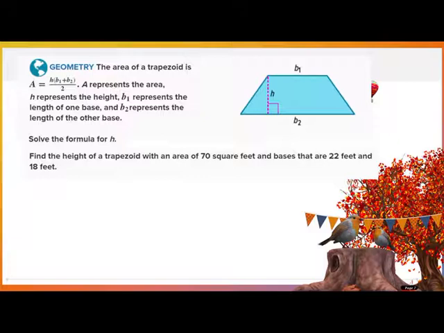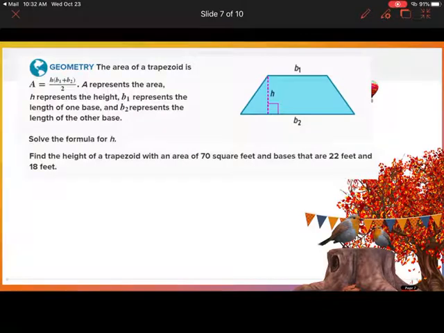So in geometry, A represents the area, H represents the height, B1 represents the length of the base, B2 represents the length of the other base. Solve for H, then find the height of the trapezoid with the area of 70 square feet and bases that are 22 and 18. So the first thing it wants me to do is solve for H. So I have A equals H times B1 plus B2 over 2.